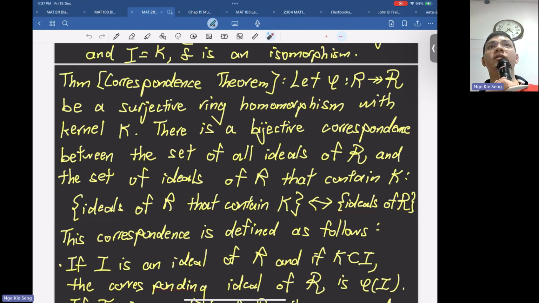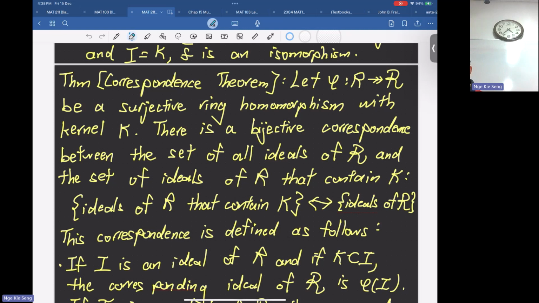So there's a correspondence between ideals containing the kernel of the map and the ideals in the codomain. But make sure that you start with a surjective ring homomorphism so that you can talk about all the ideals in the codomain.